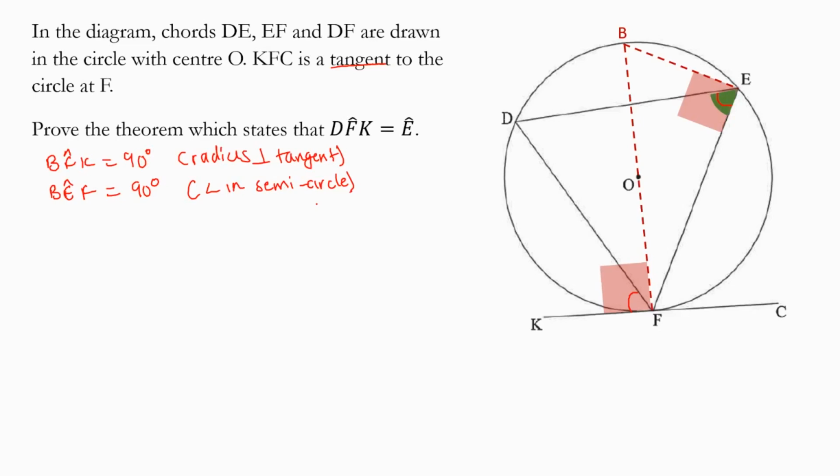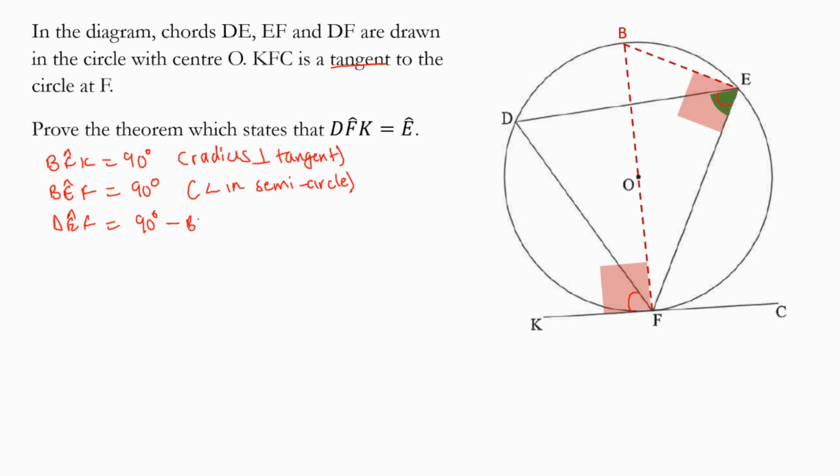Now, if we check our angle DEF, what can you say about angle DEF? It is 90 degrees minus angle DEB, or BED. So angle DEF is equal to 90 degrees minus angle BED.